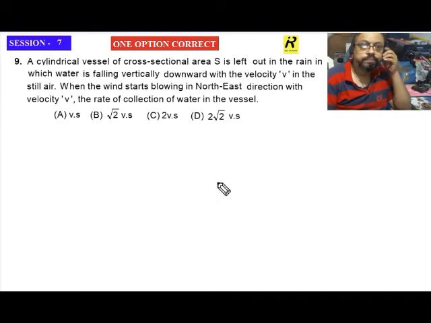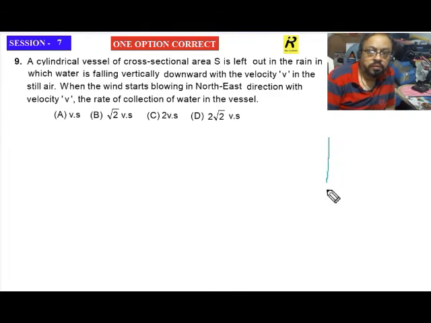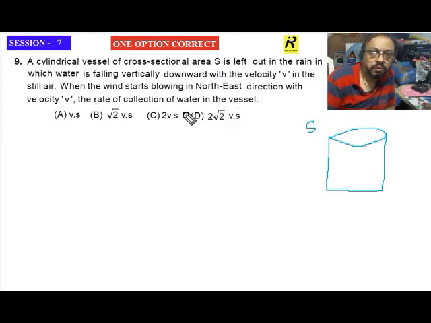Here we are having a cylinder. So this is our cylinder, and whose cross-sectional area at the mouth is given as S. So this area is S. Now it is said rain is falling vertically.